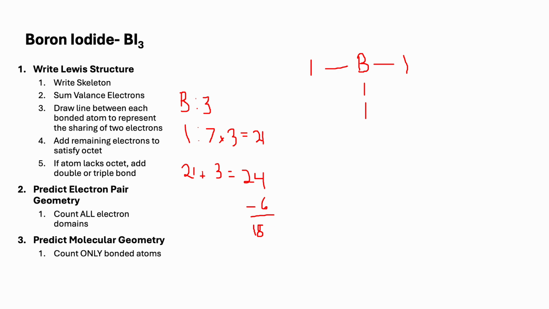So we're going to start on the outside elements, the ones that are more electronegative, and we're going to fill in their octet first. So that's 1, 2, 3, 4, 5, 6, and then the line is 7, 8. So this iodine is good. 1, 2, 3, 4, 5, 6, and then the shared electrons between boron and iodine is 2, so that's 8 electrons, so that's good.